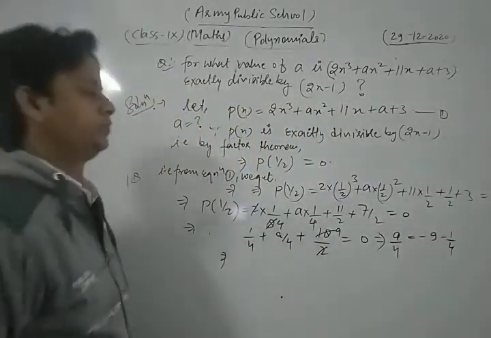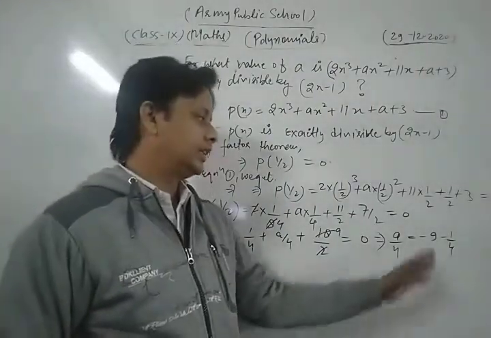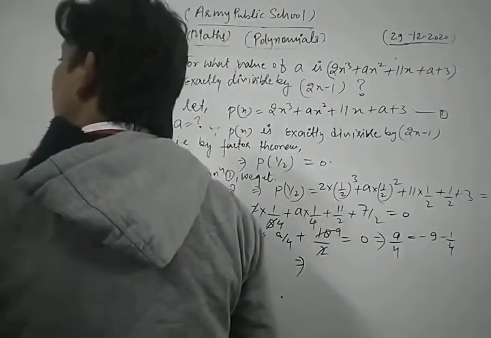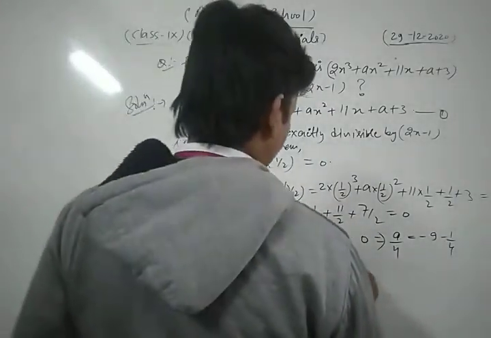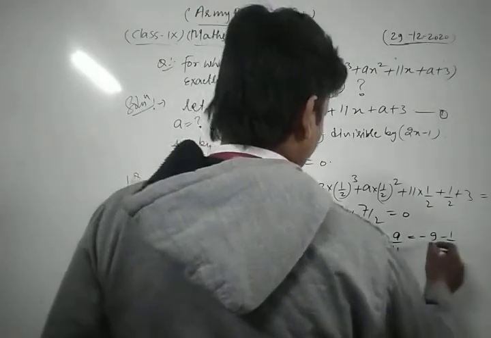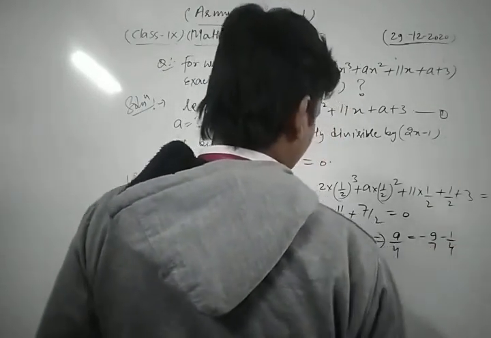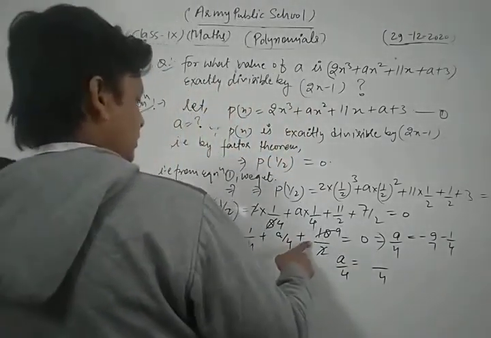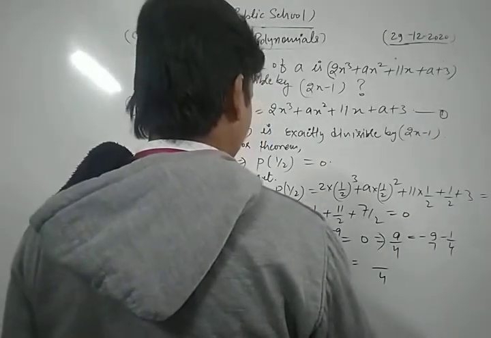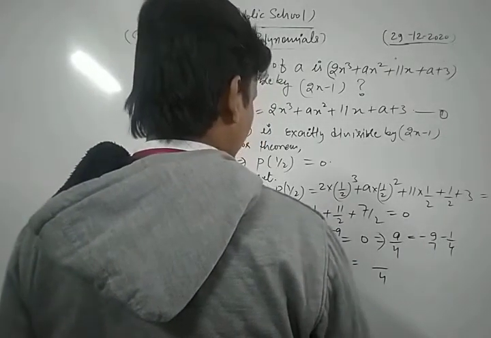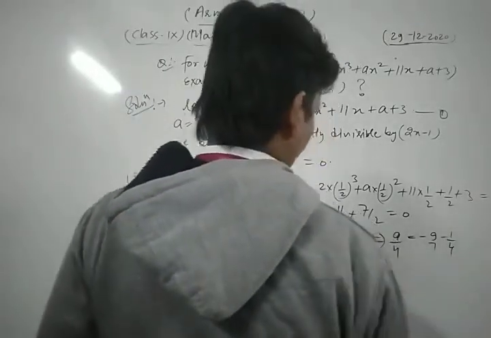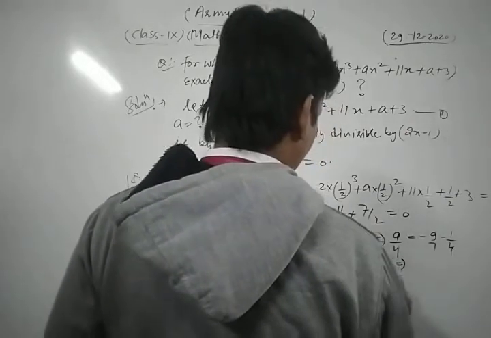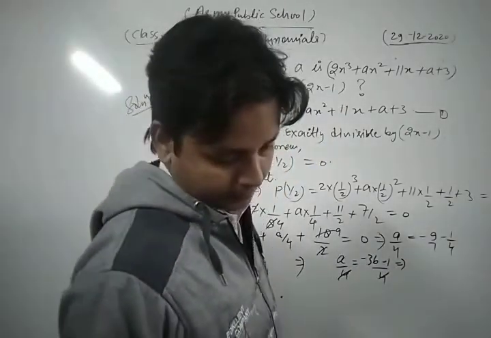Dear students, now we take 4 as LCM. So a by 4 equals minus 36 minus 1 over 4. The 4s cancel each other.